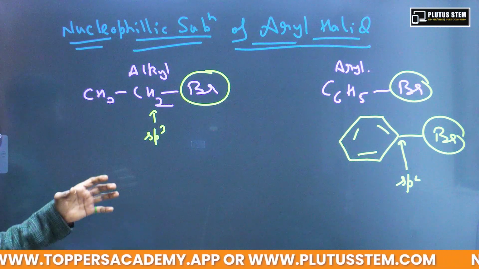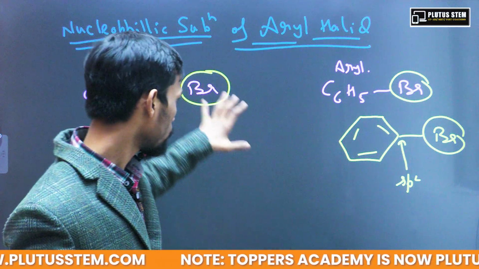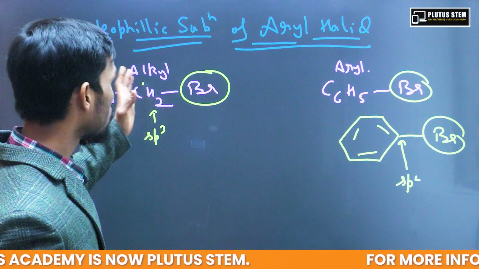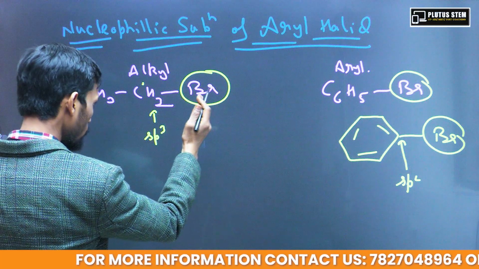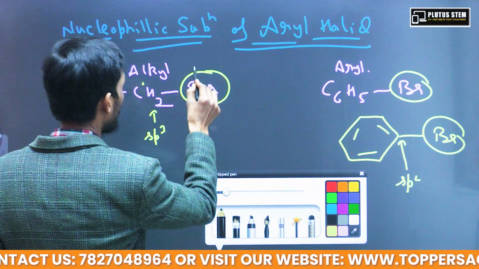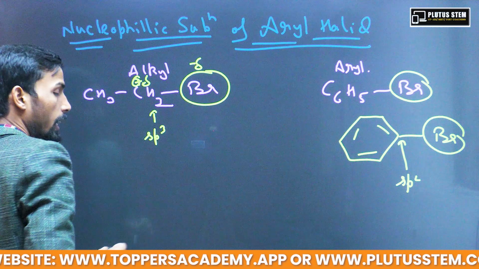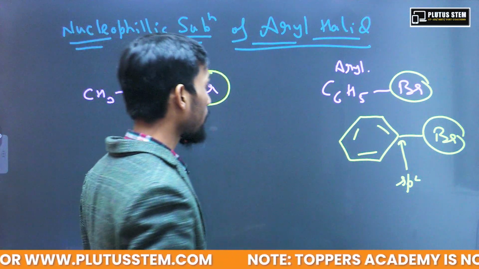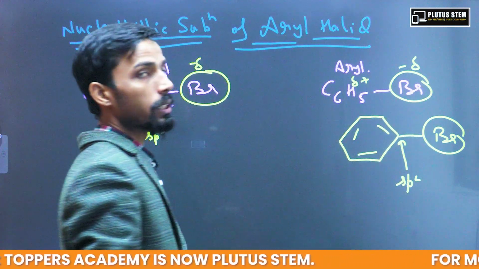During the substitution reaction, the nucleophile comes over there and attacks at this center. Why is this reaction initiated? Because there is an electronegativity difference between them, which means a partial negative charge here and a partial positive charge here. That's why this reaction is initiated.